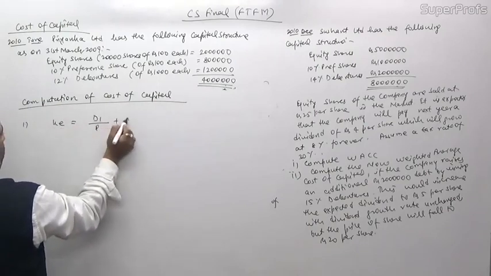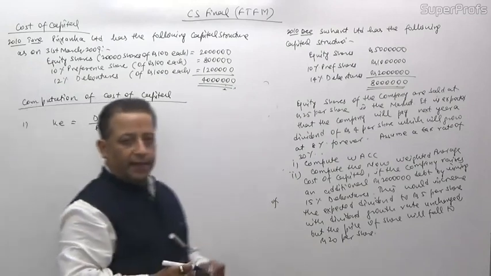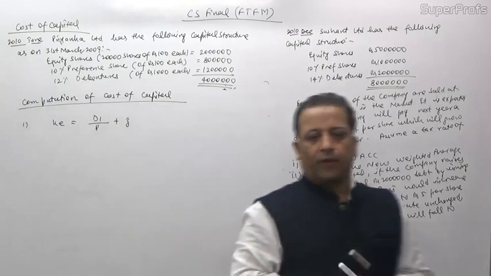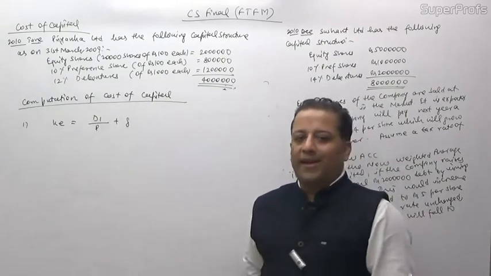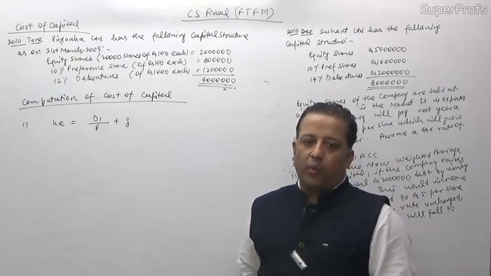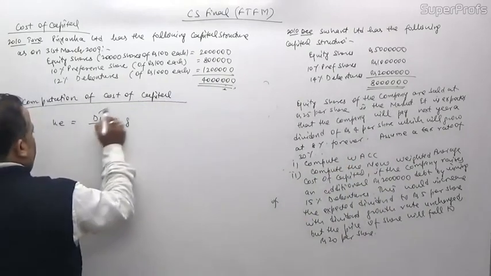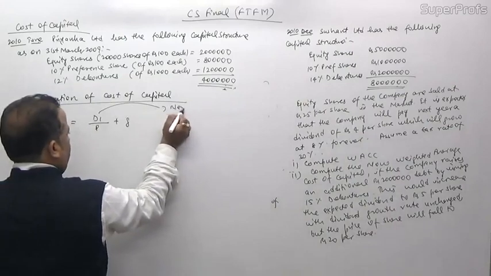The formula for the calculation of cost of equity, as we discussed in the last class, is: the cost of equity is equal to D1 divided by P plus G. D1 basically means the next expected dividend.